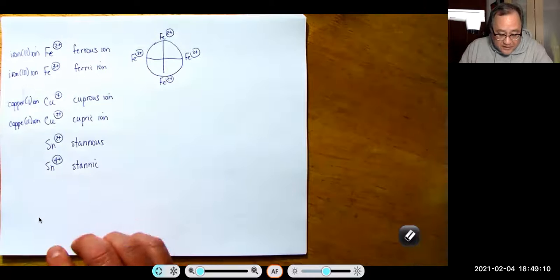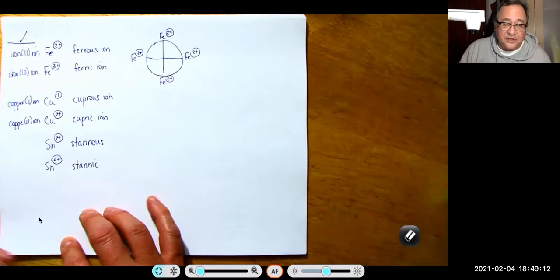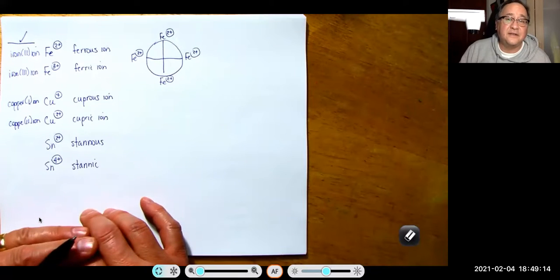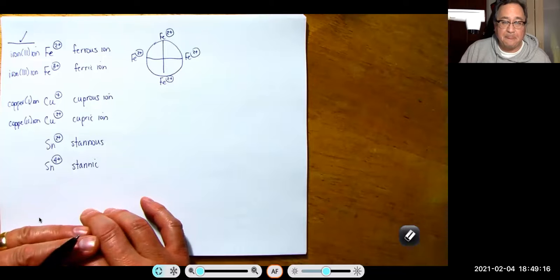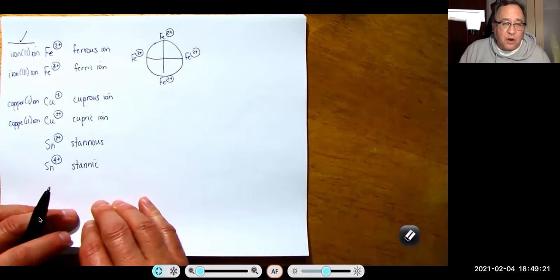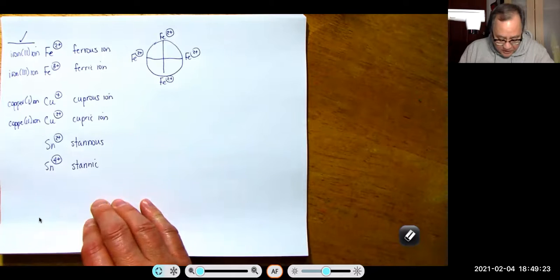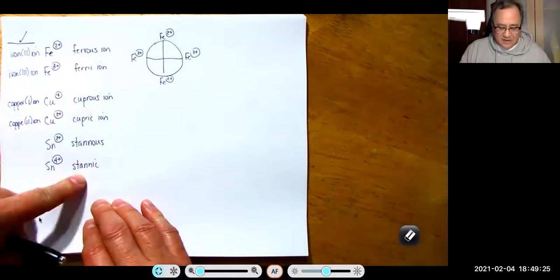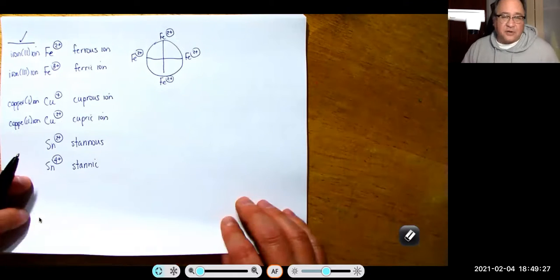Are you guys with me that this way is a lot better and easier to understand? Okay? And that's the way we're going to do it in our class. You might have some problems where you look in the book and it says, what are these? Don't worry about it. It's not going to be on a test or a quiz.